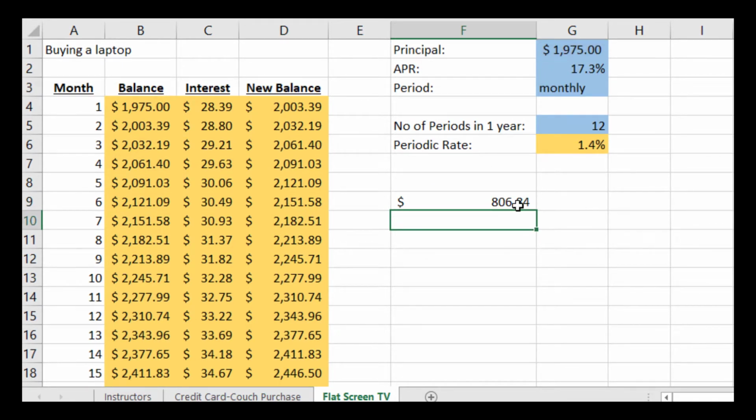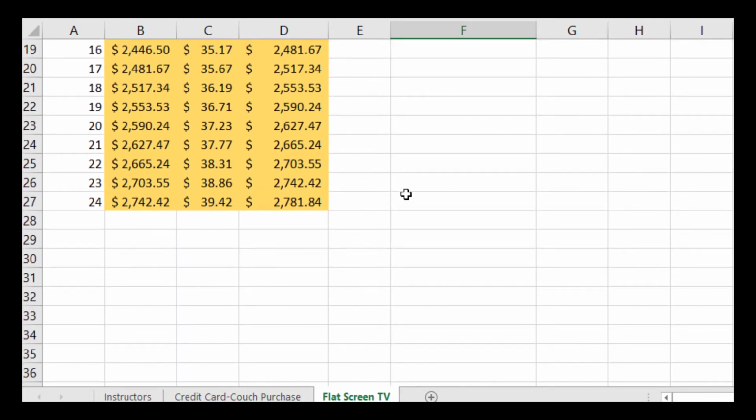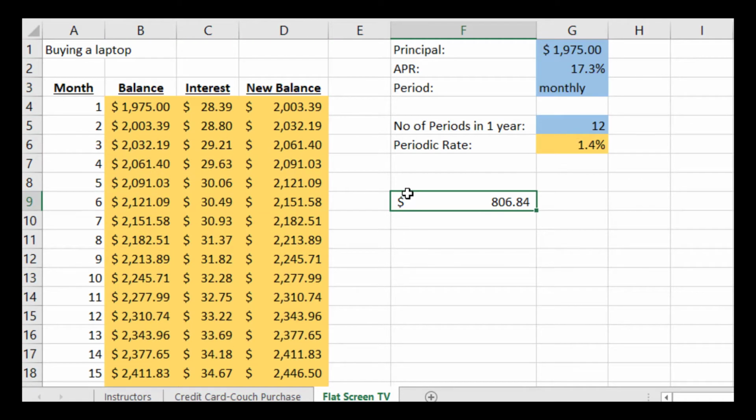And it's $806.84. What is that? That, my friends, is the interest that you accrued over the life of the 24 months that you were making no payments. You're in a lot of debt. Couches, laptops, flat screen TVs. All right, let's go to the next problem.